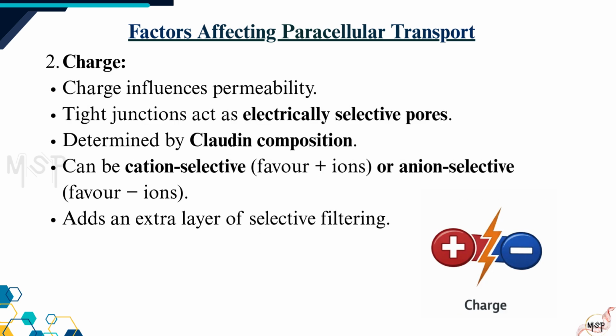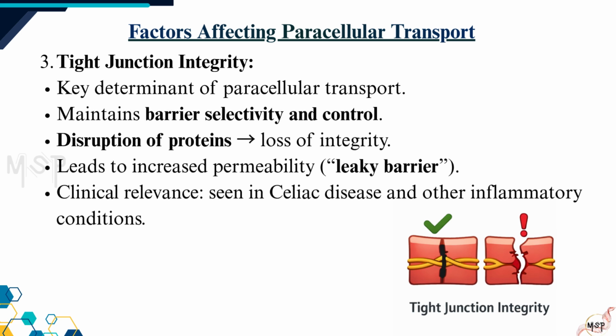As we've seen with Claudins, these pores aren't just holes, they are electrically charged tunnels. Depending on the specific proteins present, a junction might act as a cation-selective path, welcoming positive ions, or an anion-selective one. But even the best filter fails without tight junction integrity. This is the single major determinant of transport.